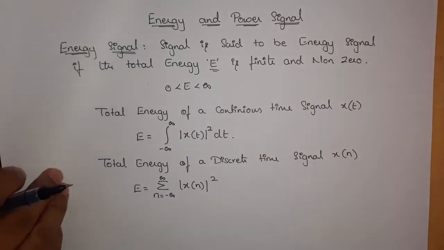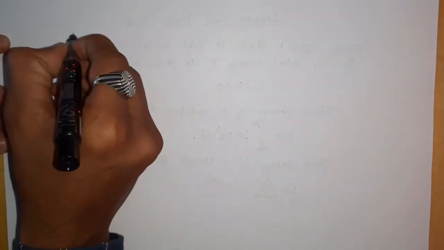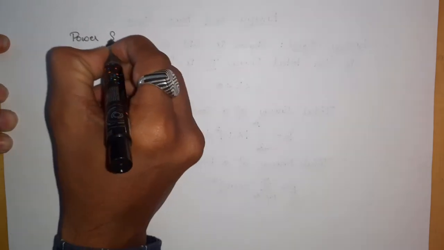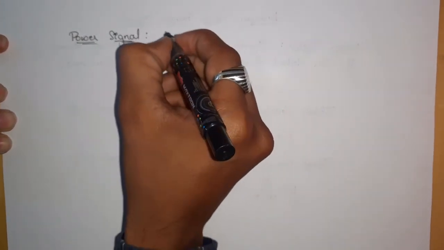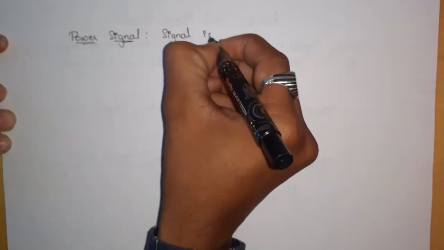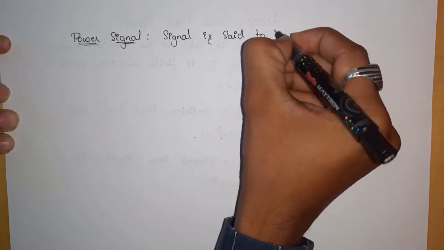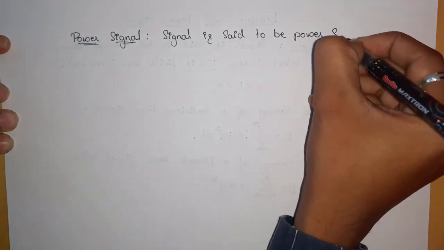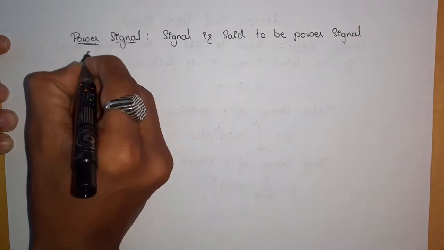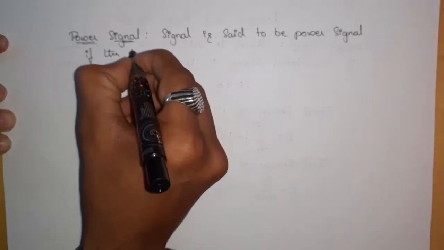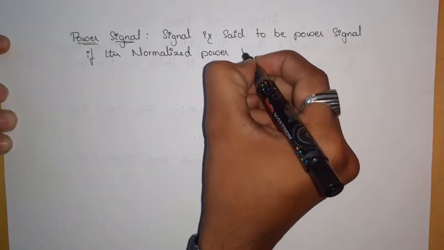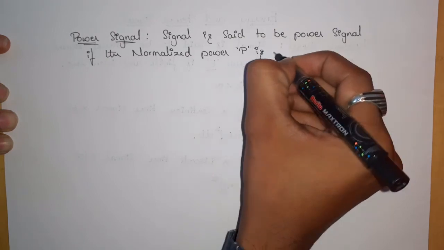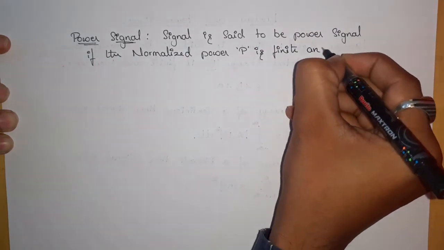Next one is power signal. A signal is said to be a power signal if the normalized power P is finite and non-zero.